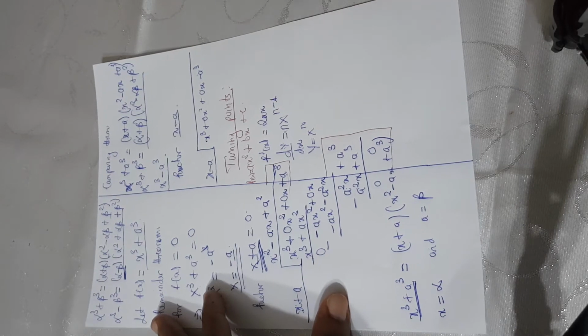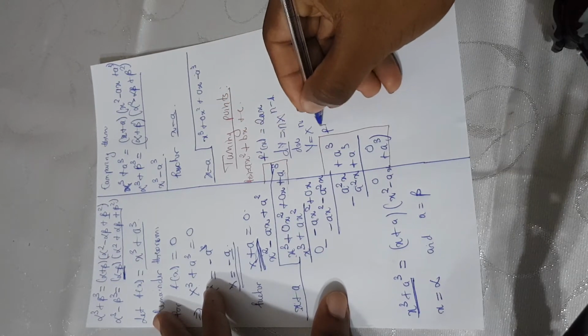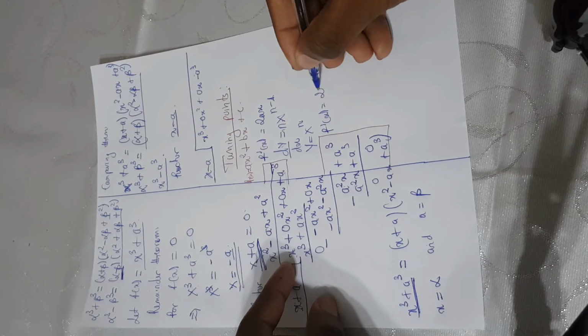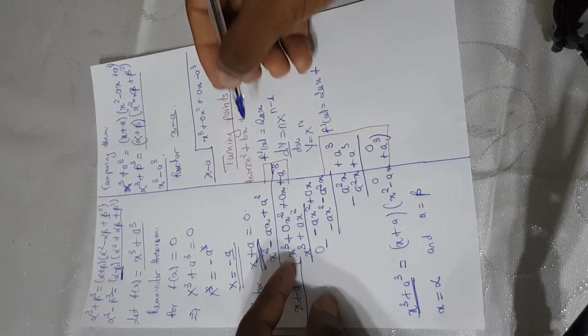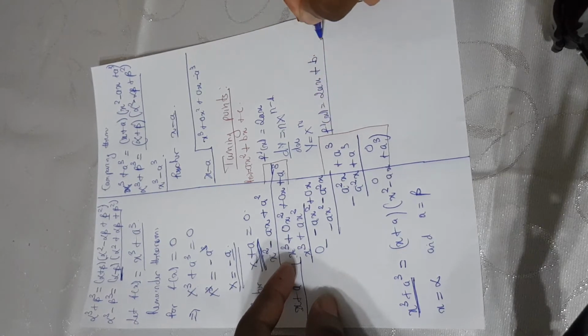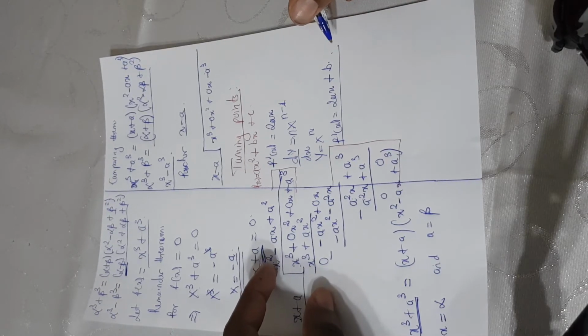So when I do f prime of x, I multiply by the power and subtract the power of x by 1, and it is equal to 2ax plus b.